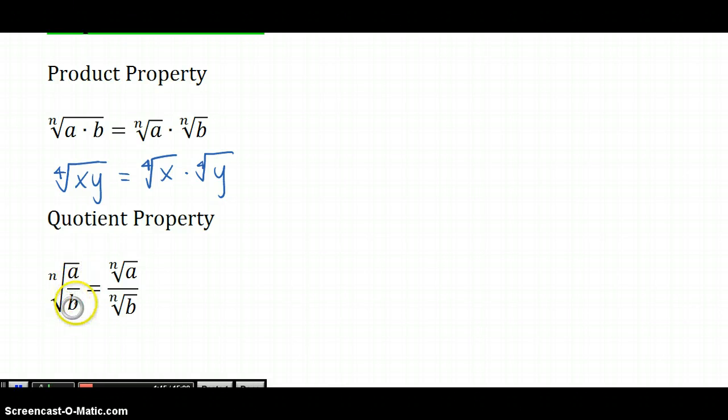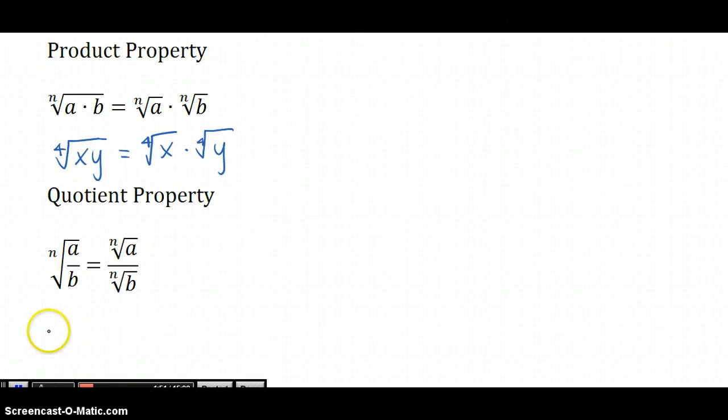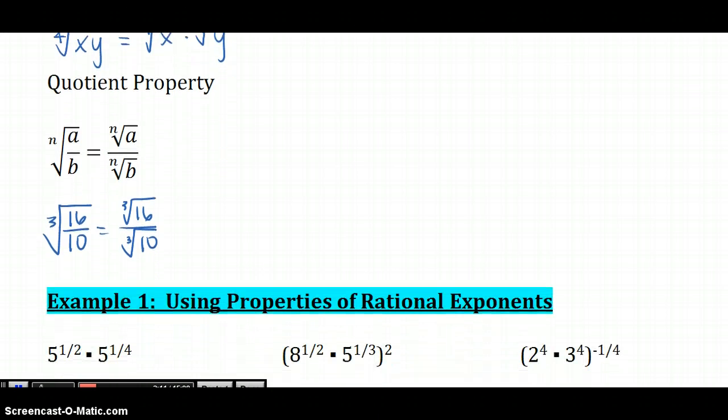If you have a quotient underneath a root, you can split it up on top and bottom. So if you had the third root of 16 over 10, you can rewrite that as the third root of 16 over the third root of 10. So the product and quotient property means you can just split up your roots.